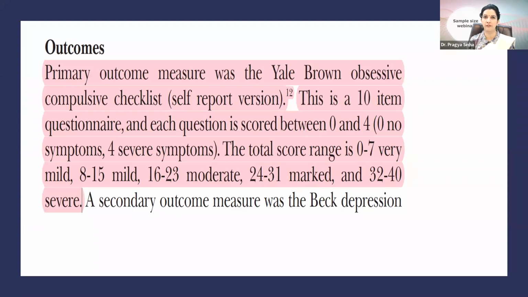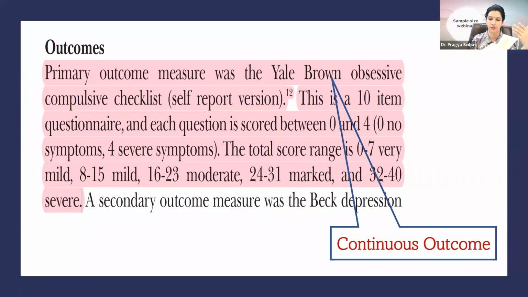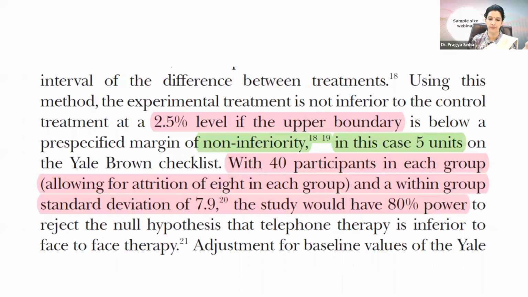So it is a self-reported checklist, a 10-item questionnaire. And they have written that each question is scored between 0 to 4, with 0 no symptoms and 4 a severe symptom. And the total score they have classified as very mild, mild, moderate, marked, and severe. So this was the outcome. So it was again a continuous outcome. So using this method, the experimental treatment is not inferior to the control treatment.